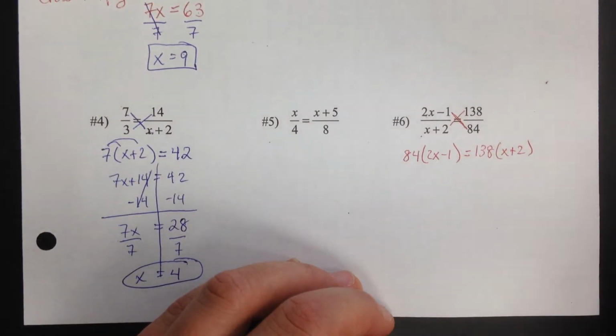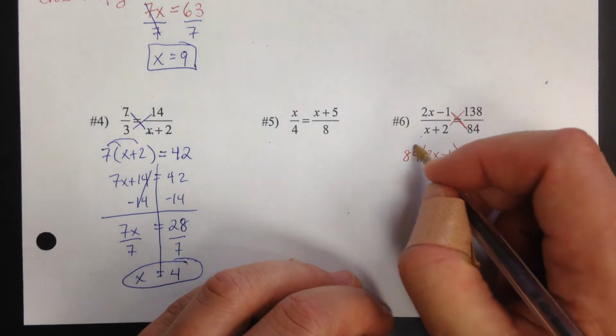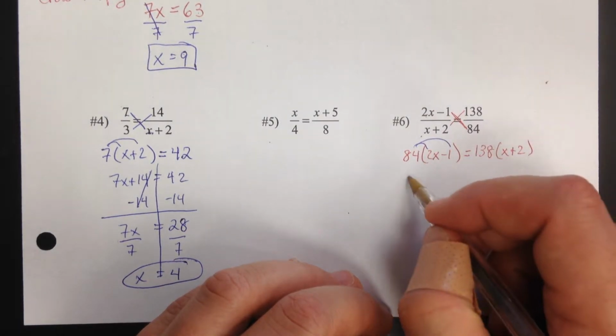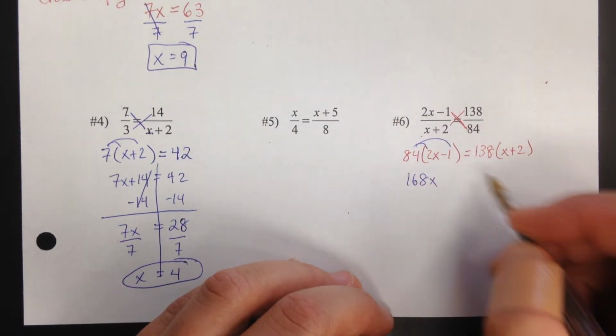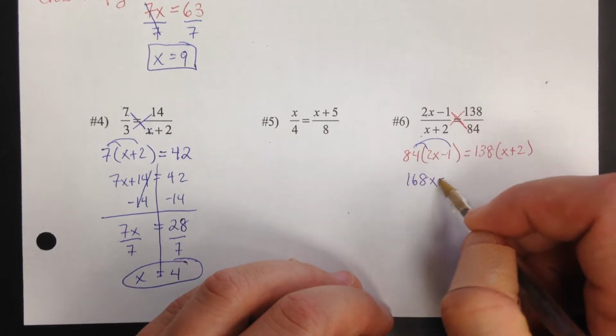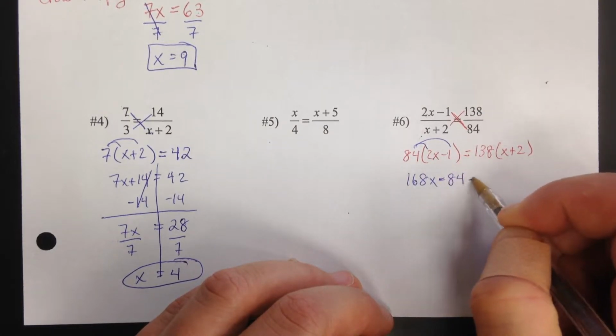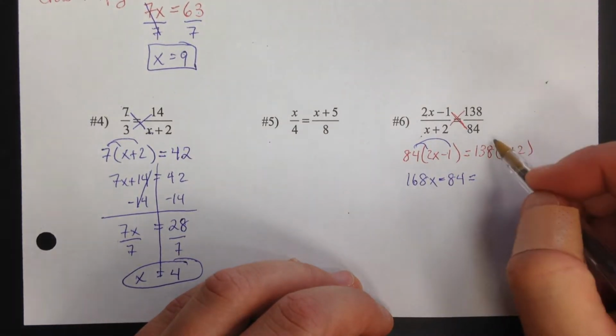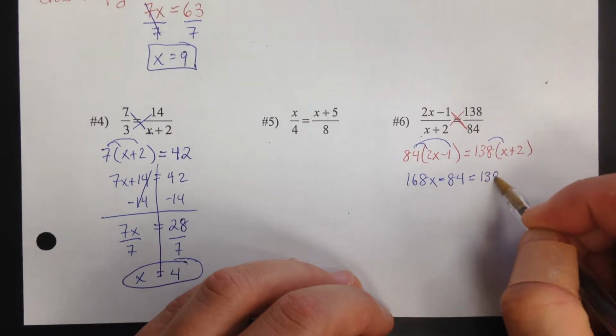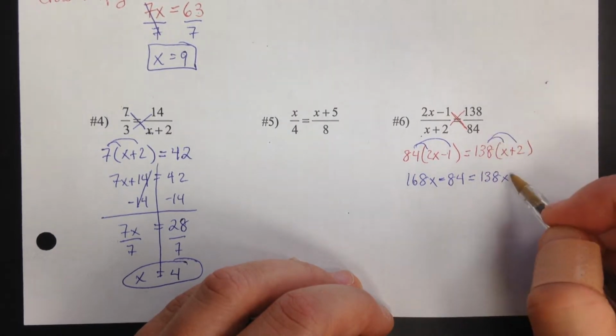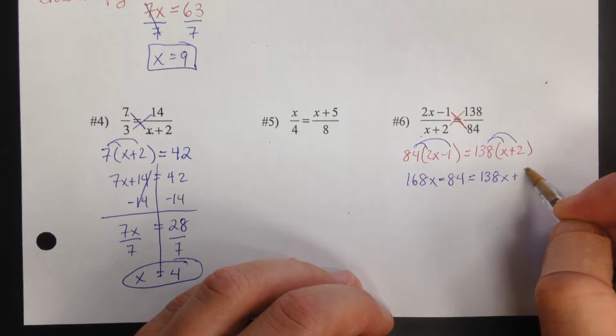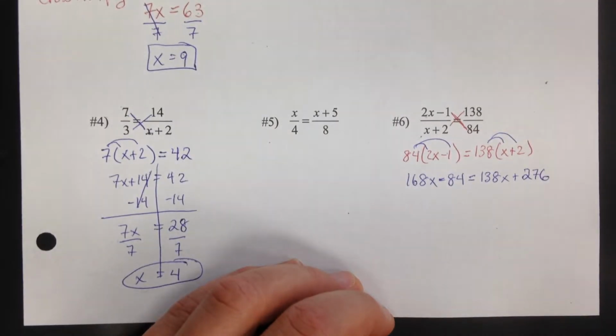So now we're going to distribute. 84 times 2x is 168x. 84 times negative 1 is minus 84 equals 138 times x, and then plus 138 times 2, which is 276.